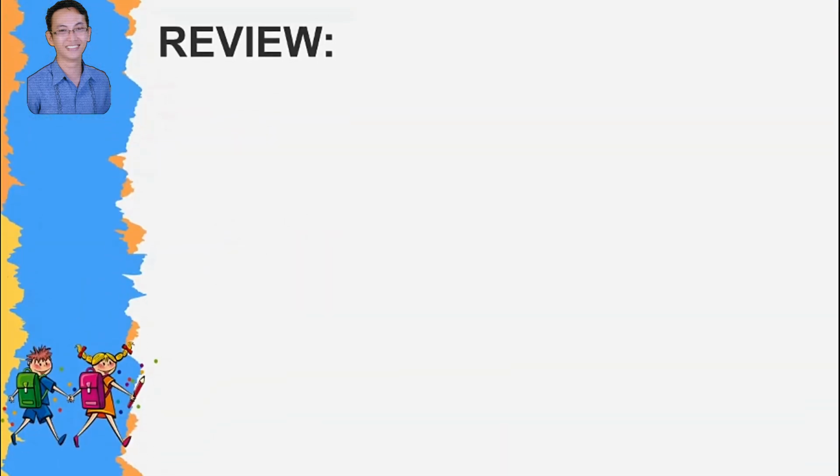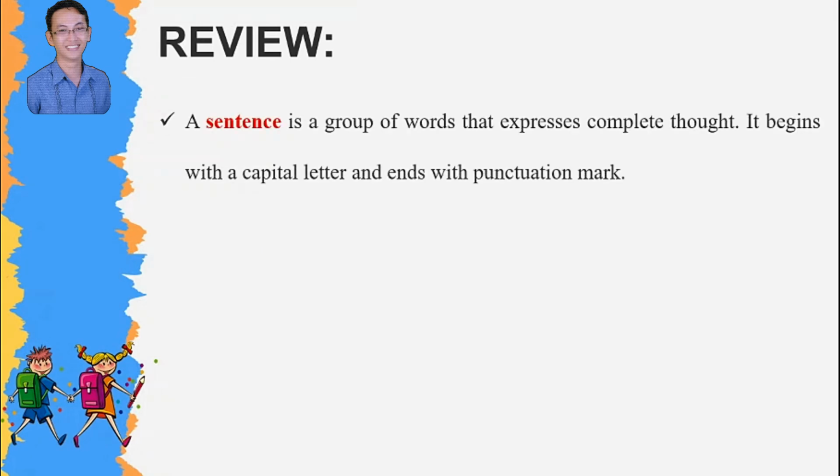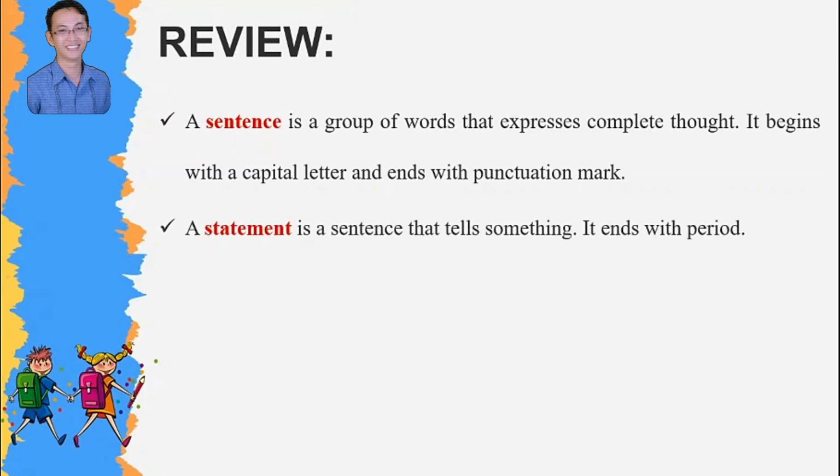Now let's review what we discussed. Let's begin with the first one. Sentence. A sentence is a group of words that expresses complete thought. It begins with a capital letter and ends with a punctuation mark. Second, a statement is a sentence that tells something and it ends with a period.